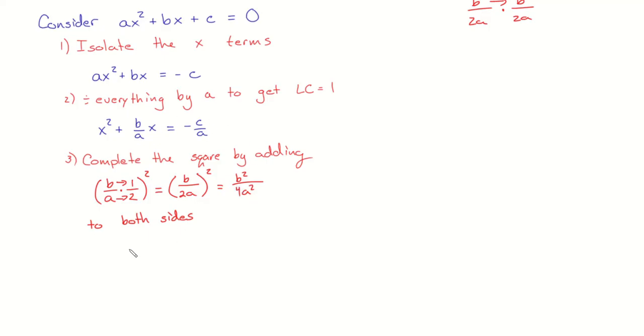And I'm only going to keep blue in here. So here we go. X squared plus b over a x plus b squared over 4a squared. I just added it right here. Equals, and I'm going to put this one first. And I know it feels weird, but we're going to. B squared over 4a squared minus c over a.